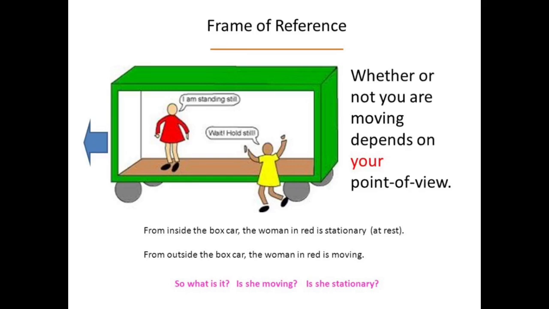So far, the examples that we've looked at have made use of our frame of reference being a bystander as we watch something else move. But our frame of reference can change. In this illustration, this cartoon, we have a lady in red on a train and a person in yellow standing on the ground.